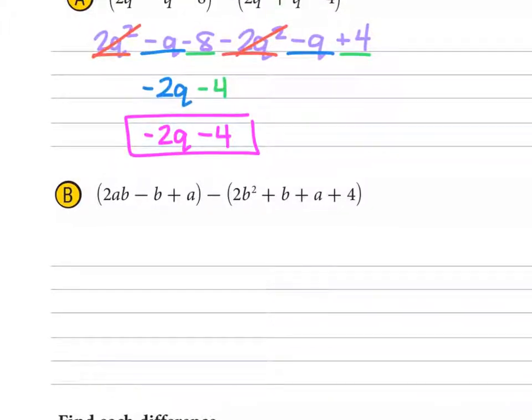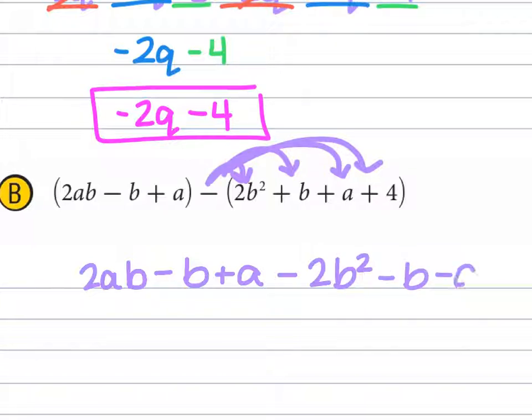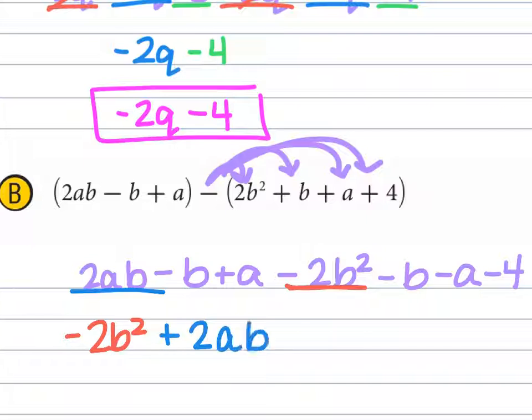For b, we have to distribute again that negative to all of those terms. So we're going to have 2ab minus b plus a minus 2b squared minus b minus a minus 4. So look for your highest degree there. That negative 2b squared is going to come first. Then you have the positive 2ab, which doesn't match up with another ab, so that goes next.